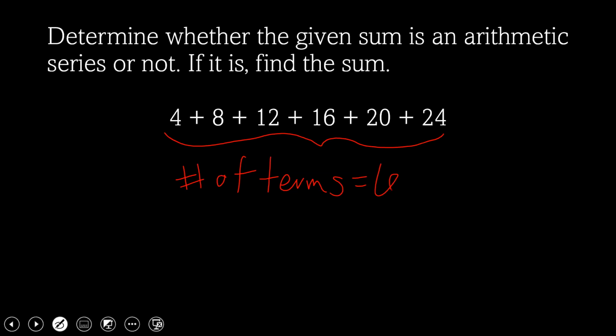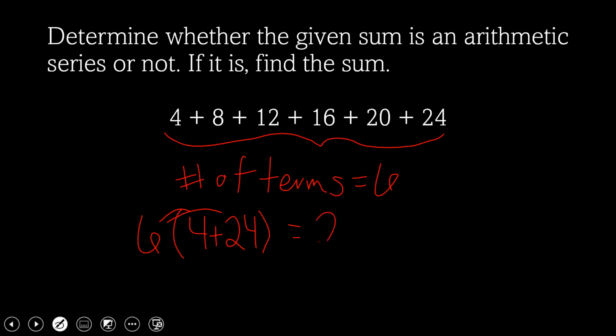Perfect. So then you want to multiply 6 by the 4, since 4 is the first number, and that is part of the equation: the number of terms multiplied by the first number, and then the number of terms multiplied by the last number. And the last number would be 24, so you would multiply 6 by 24, which equals, let me just calculate this, 144. Calculator does come in handy.